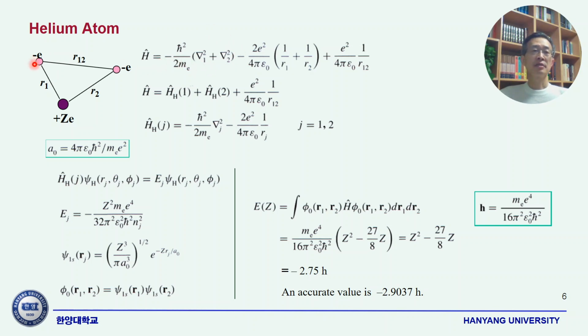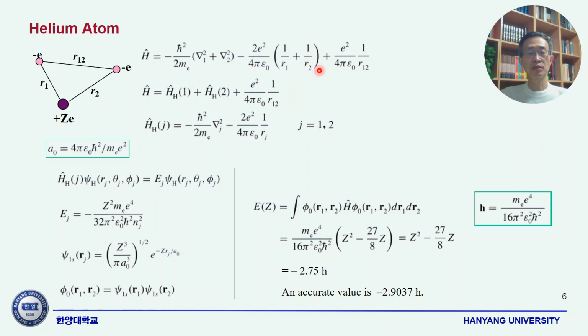Then there is the electron-nucleus attraction energy over r1 and r2: minus 2e squared over 4 pi epsilon naught, times 1 over r1 plus 1 over r2, since Z equals 2.